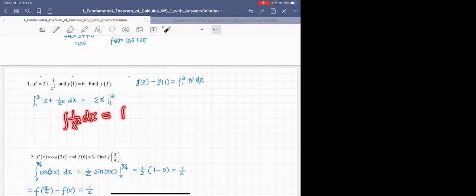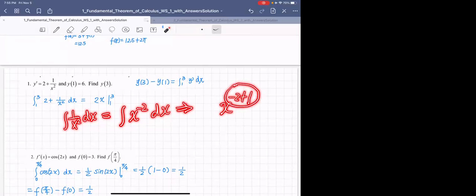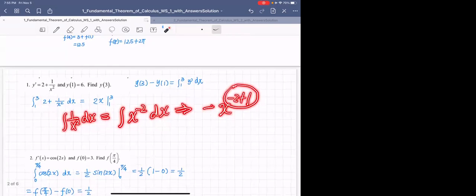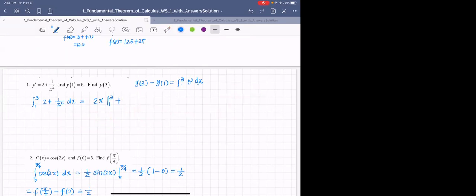If we have trouble finding the antiderivative, we always change that to the power format, the exponential format. We do x to the power -2, plus 1, and then divide by the new exponent, negative 1, the reciprocal, -1. So this is negative x to the power -1. So minus x to the power -1 from 1 to 3. Make sense?